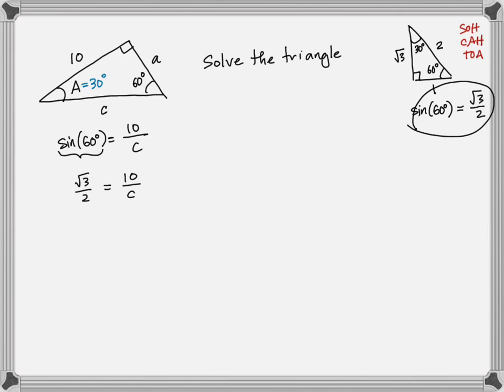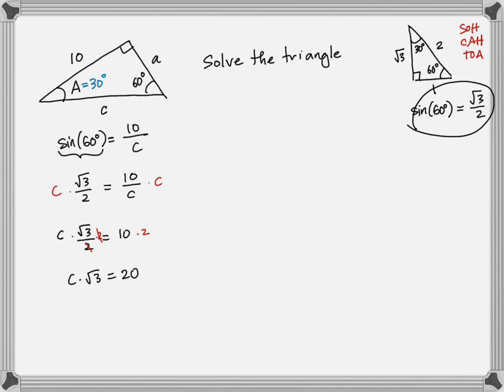So I'm going to multiply both sides by C. So I get C times the square root of 3 over 2 equals 10. And then I'm going to try to solve for C. Let's multiply both sides by 2. If I multiply by 2, that would cancel out that 2 in the denominator. So I'd have C times the square root of 3 equals 20.